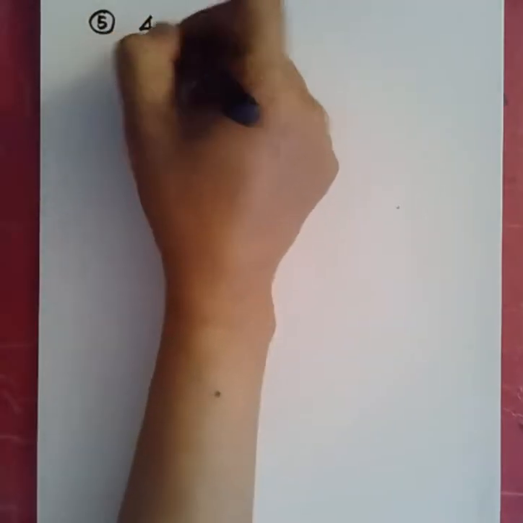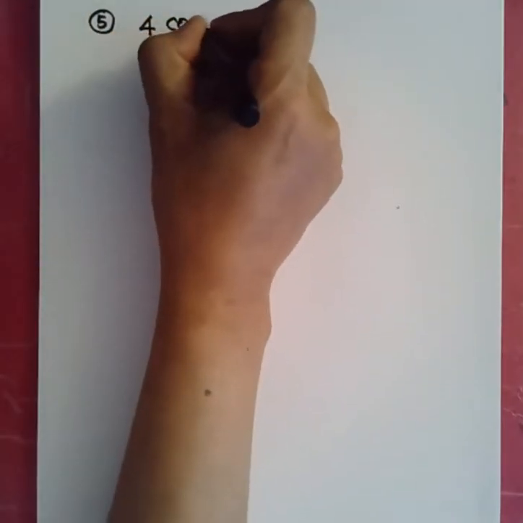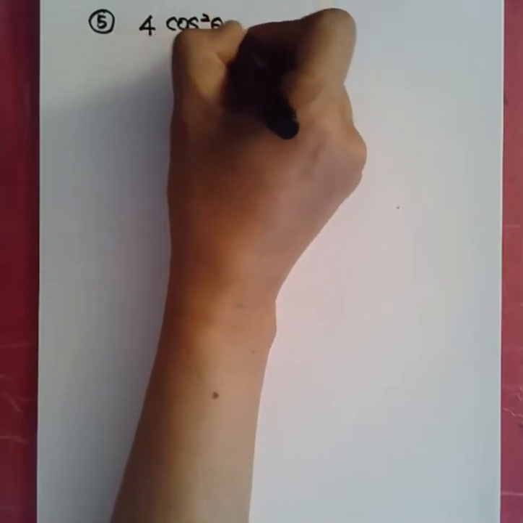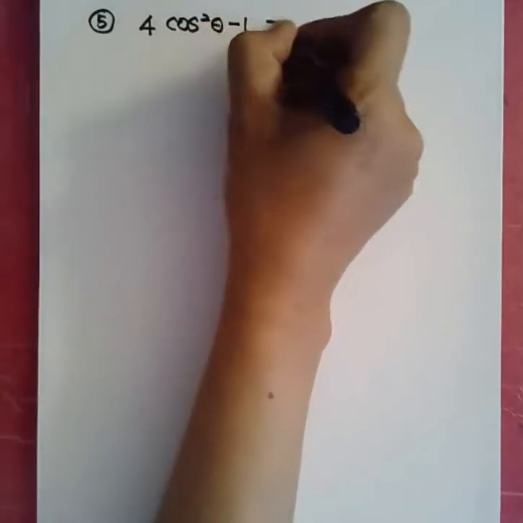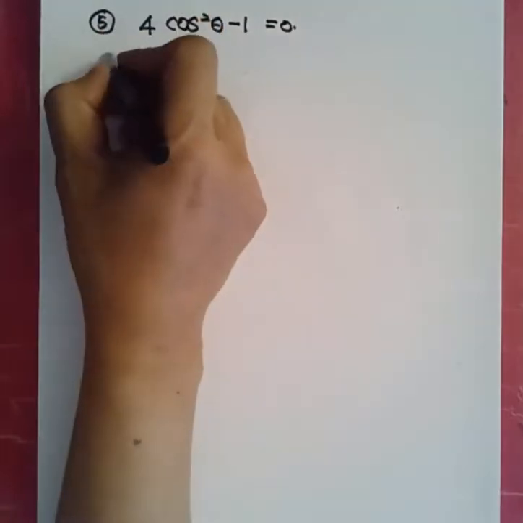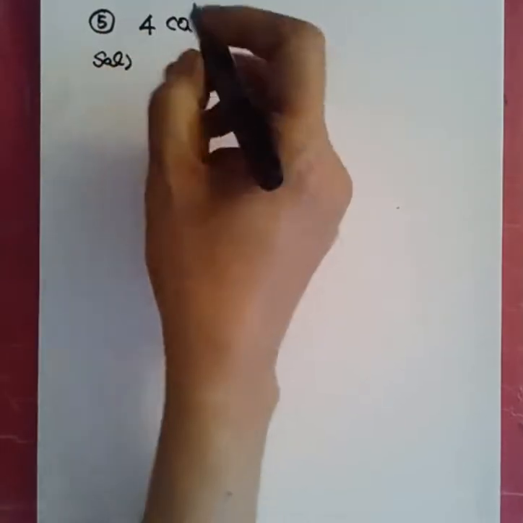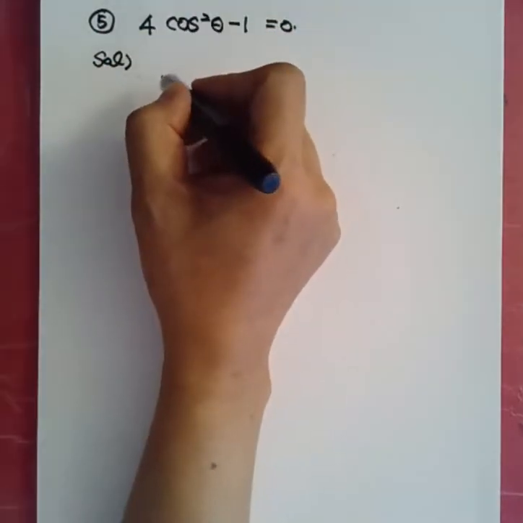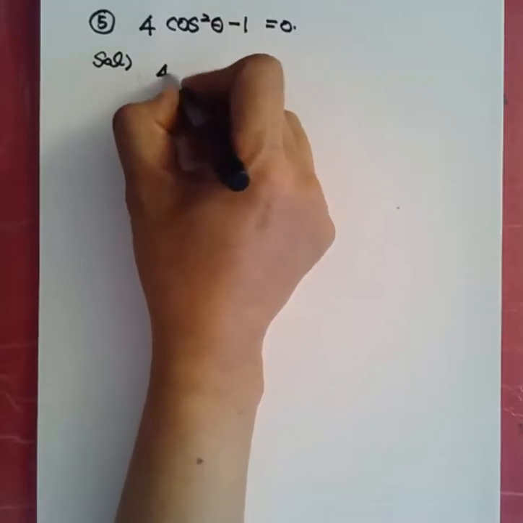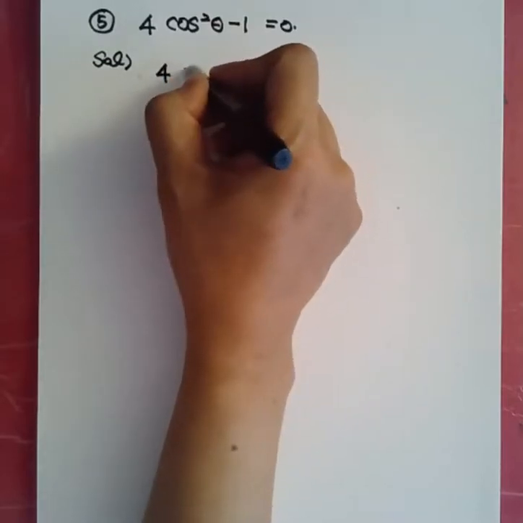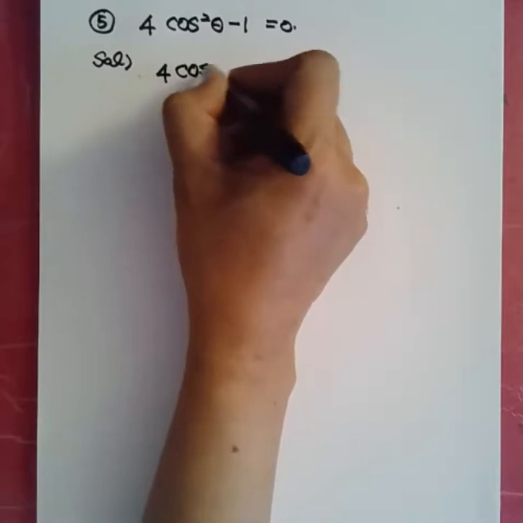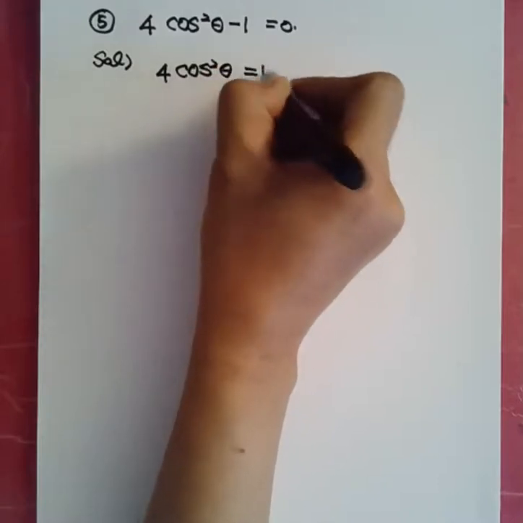The next problem is 4 times cosine squared of theta minus 1 equals 0. Let's solve for cosine squared. Then we have 4 cosine squared of theta equals 1.